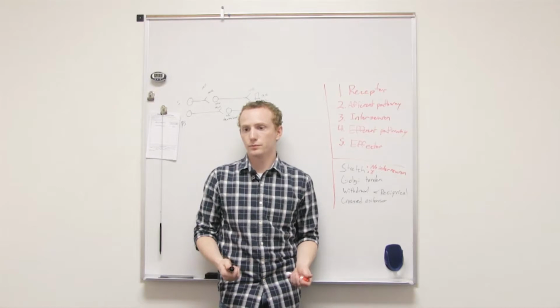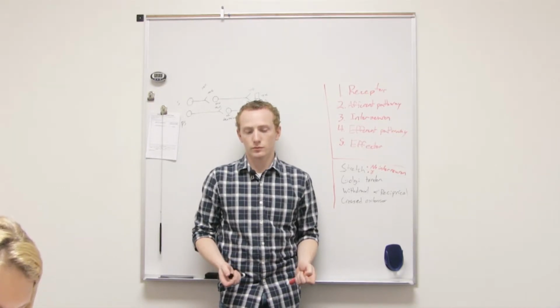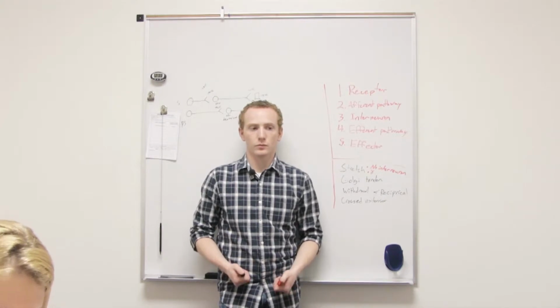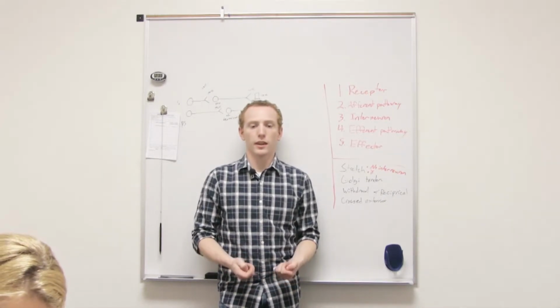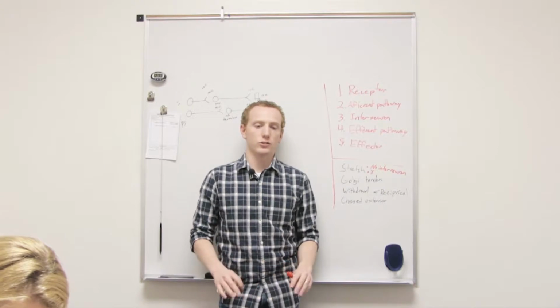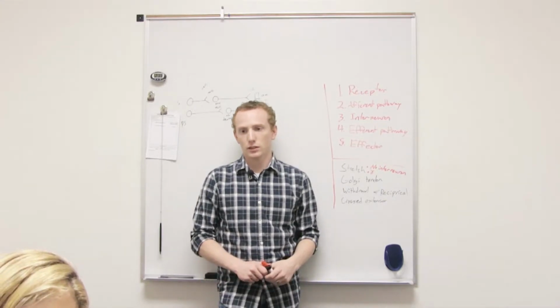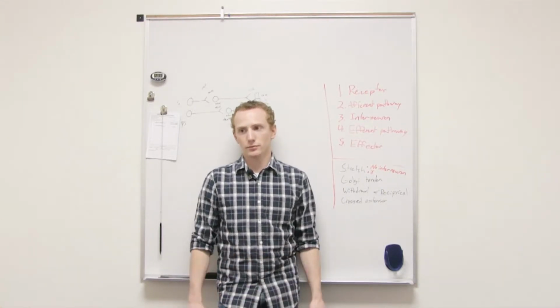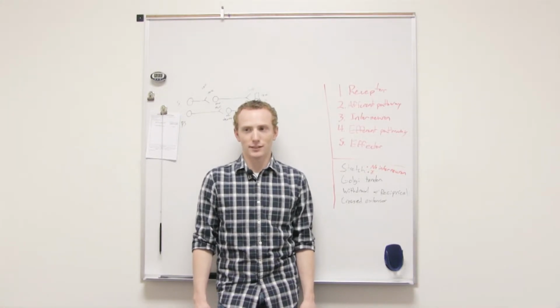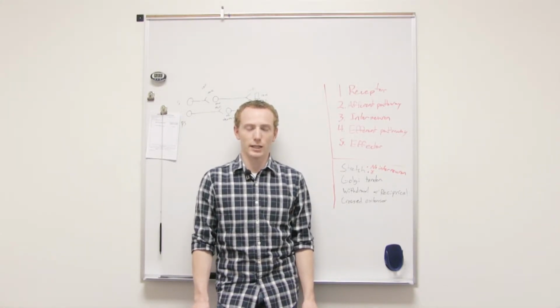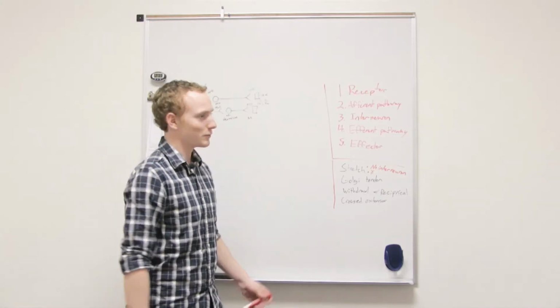Yeah. Sometimes they clarify that it's only a one synapse system, but a lot of times they ignore gamma but want you to know it at the same time. It all depends.